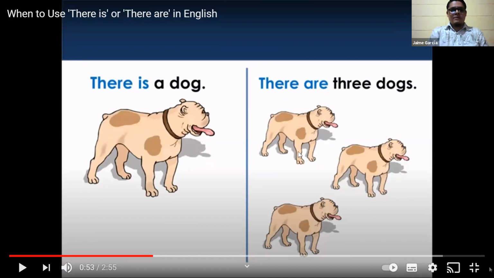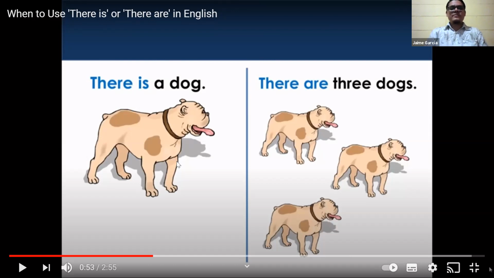Okay, plural, singular. So what's the meaning of there is or there are? When do we use there is or when do we use there are? To talk about what? There is one thing, and there are is more than one thing. Yes, exactly.